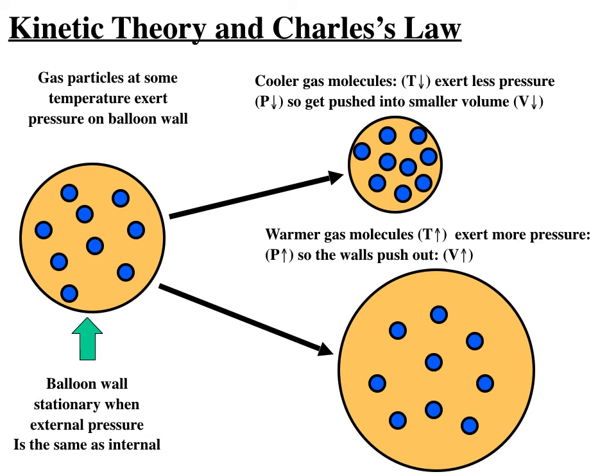But the walls stop moving when they get far enough away that even though the molecules are moving faster on the inside, the walls are so much further away that the pressure on the inside again matches the pressure on the outside, but the volume has gone up while that has occurred.